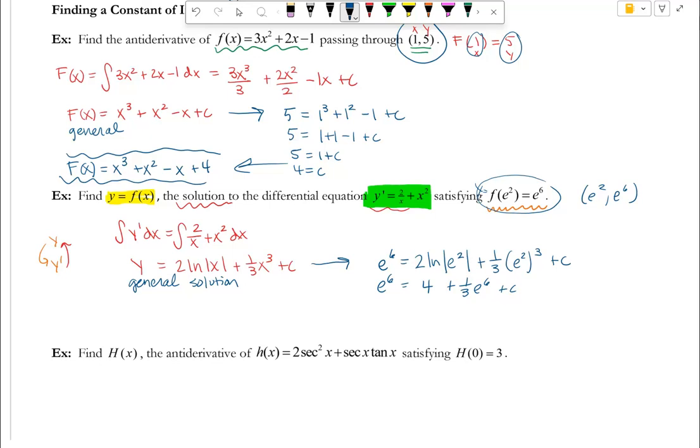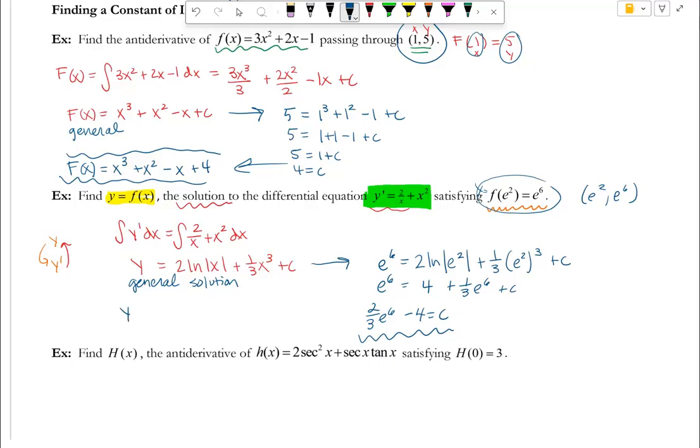When I solve for c, if I subtract 1/3 e to the 6th from 1 e to the 6th, I should get 2/3 e to the 6th. Subtract 4 from both sides, I get c. So this is our c value. I'm not going to bother with common denominators on those two terms, but that's our constant that will cause our solution to our differential equation to pass through the ordered pair e squared comma e to the 6th.